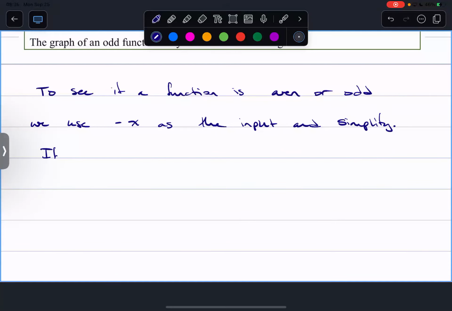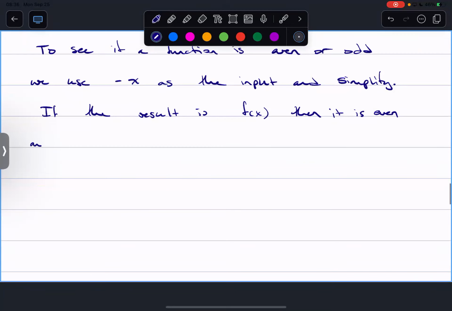If the result is f of x, so back to the original function, then it is even. And if the result is negative f of x, then it is odd.